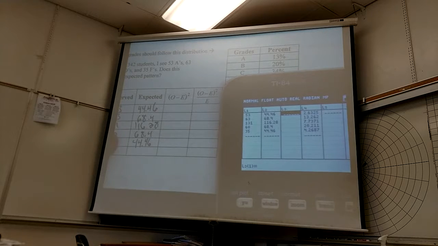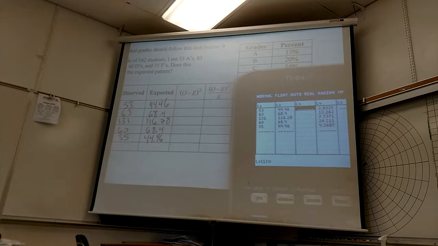Let me stop there for a second. Where are the expected values? L2. So where there's an E, I'm going to replace it with L2. So L3 is going to be parenthesis L1 minus L2 squared.